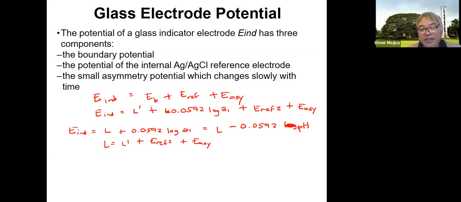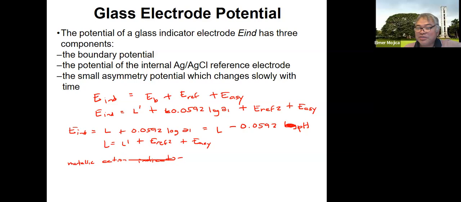So if you recall the metallic cation indicator, it is similar to what we have here. But the main difference is the source of the potential of the electrode. They are totally different.